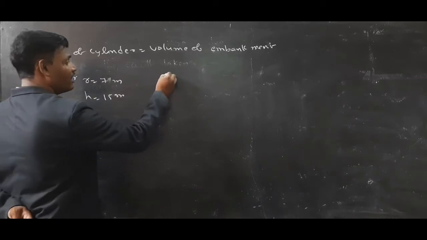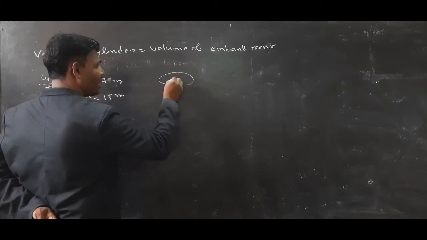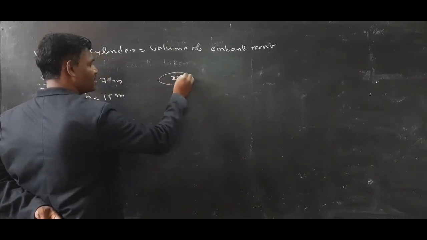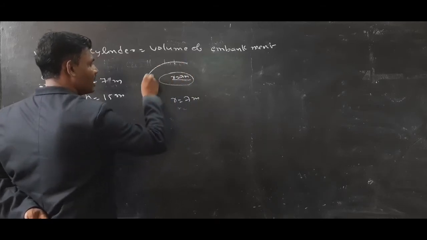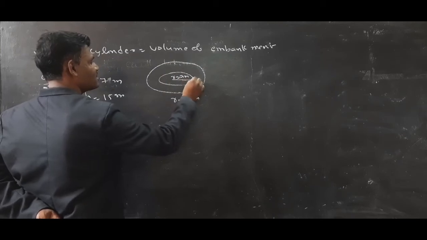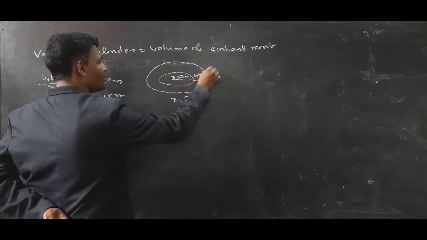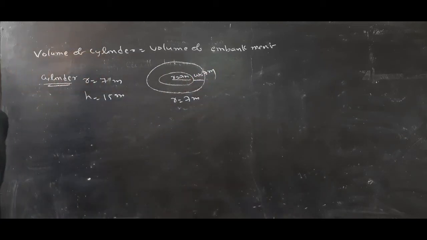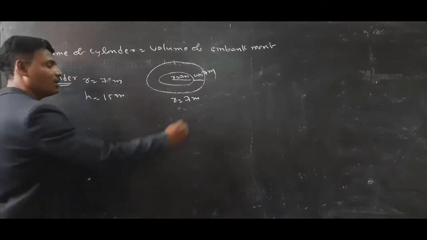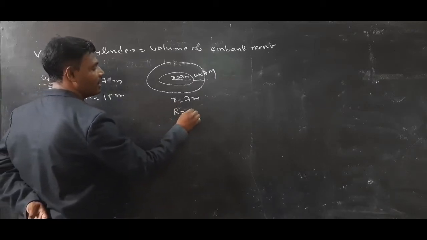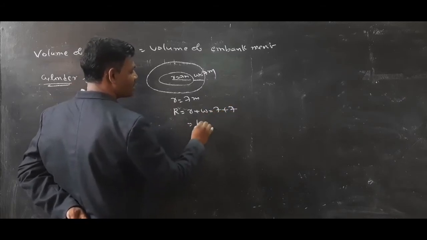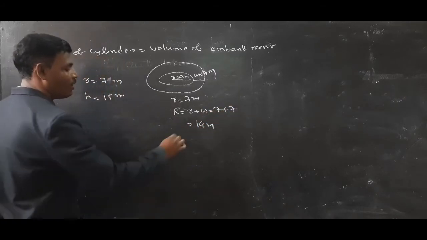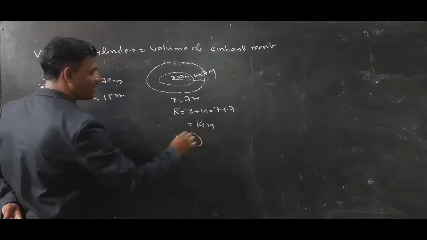Next, the inner radius of the embankment R is equal to 7 meters. Then the width of the embankment W is equal to 7 meters. So now the radius of the outer circle, R plus W, is equal to 7 plus 7, which is equal to 14 meters. Now I don't know the height of that embankment.